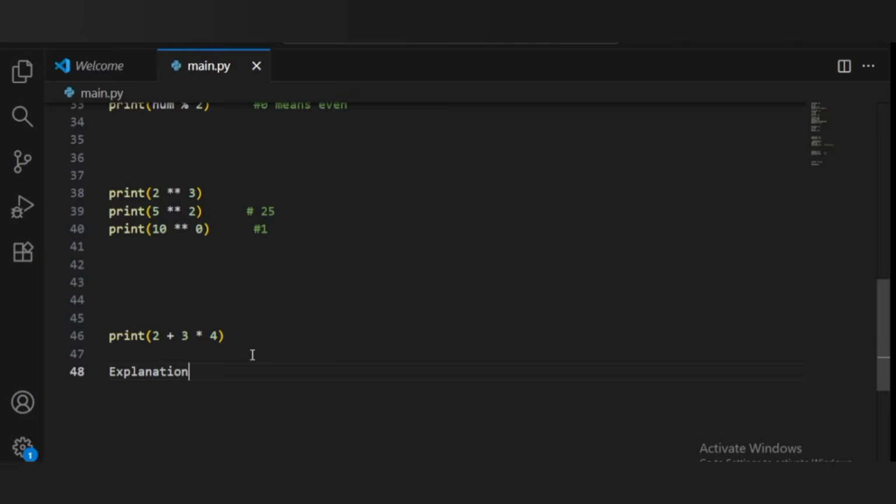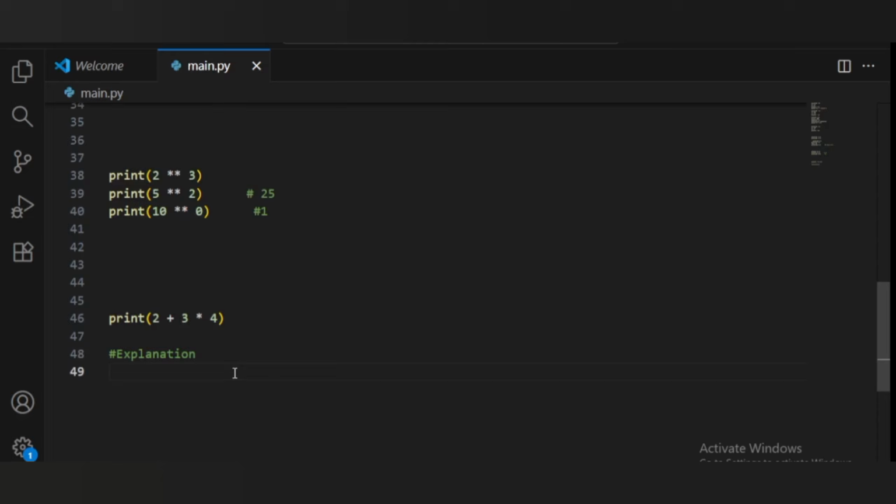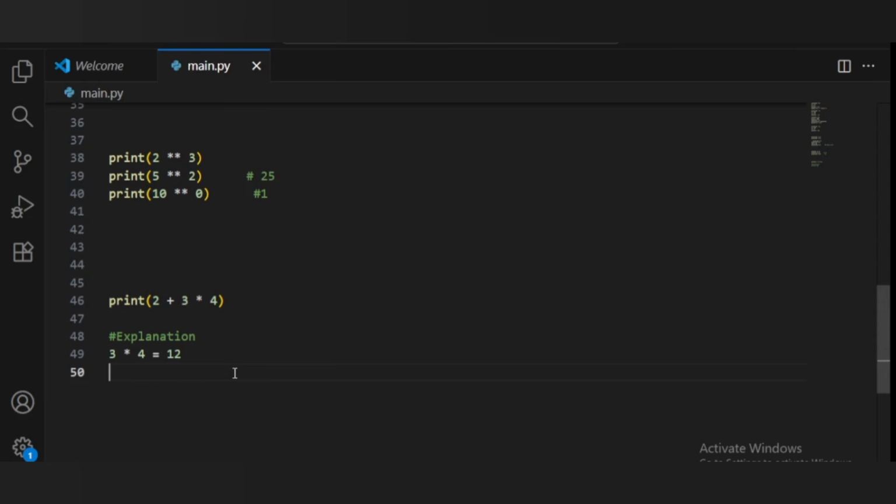Expression: 3 times 4 is equal to 12. First 3 times 4 is 12, then 2 plus 12 is equal to 14.